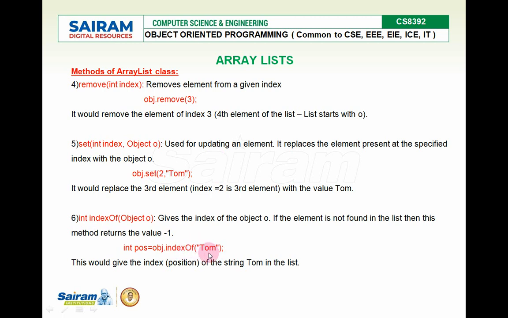If the Tom string occurs in your array list, its index will be returned as the integer value to this variable. That is the return type integer. If Tom is not in the list, it returns -1. If Tom is available in the list, that index will be returned to the variable. That is what indexOf does.